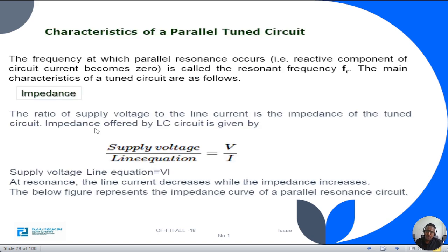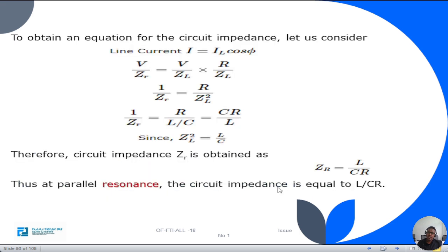The ratio of supply voltage to the line current is the impedance of the tuned circuit. At resonance, the line current decreases while the impedance increases. The figure below represents the impedance curve of the parallel resonant circuit. To obtain an equation for the circuit, let us consider line current equals IL cos theta.